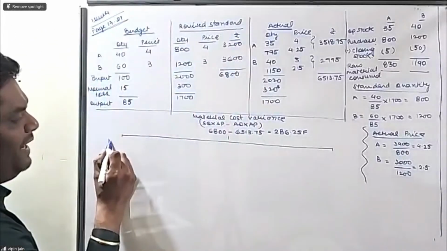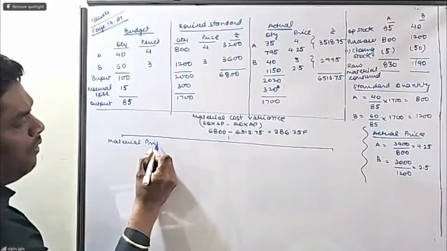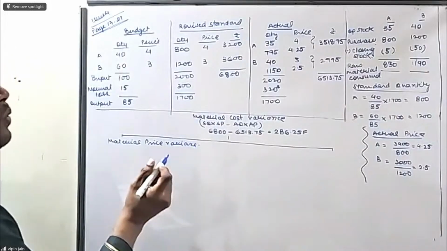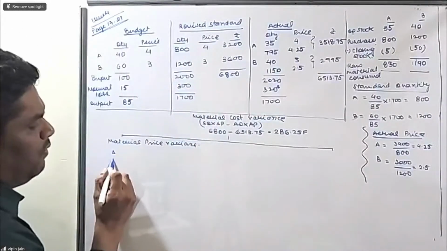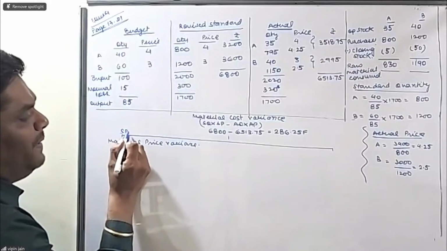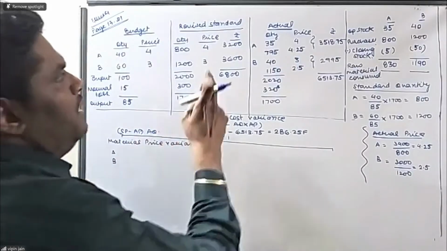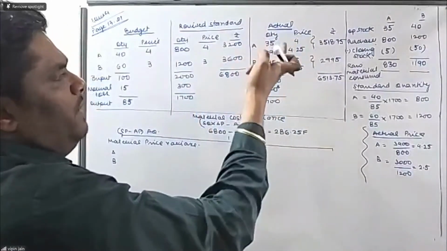Next is material price variance. When talking about price, see, very important, guys. Standard price minus actual price into actual quantity. Now see, 4 minus 4 into 35. So it will be 0.